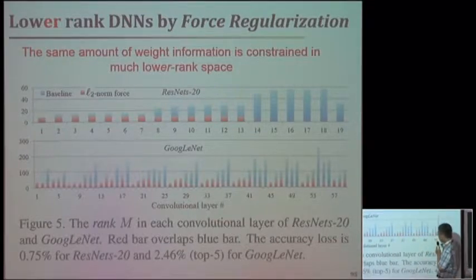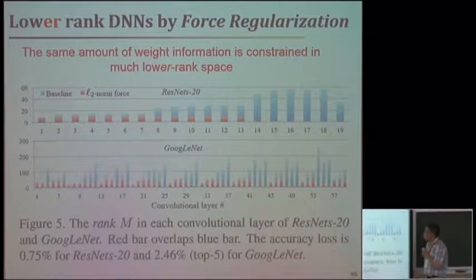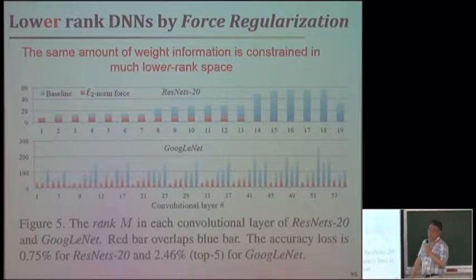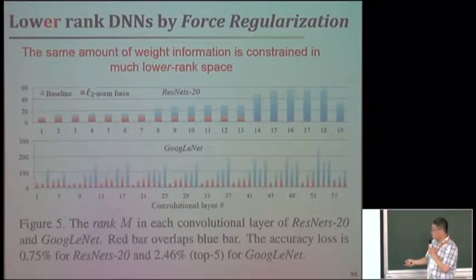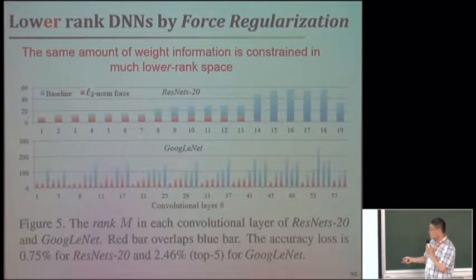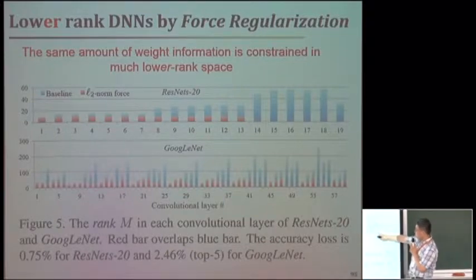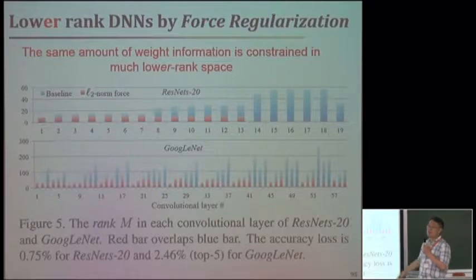You can see a similar trend, and the rank will also reduce accordingly. The accuracy loss is actually very small: in this case, 0.7% for ResNet and 2.4% for GoogLeNet. You can see the overlap between the blue and red; that's just for comparison.